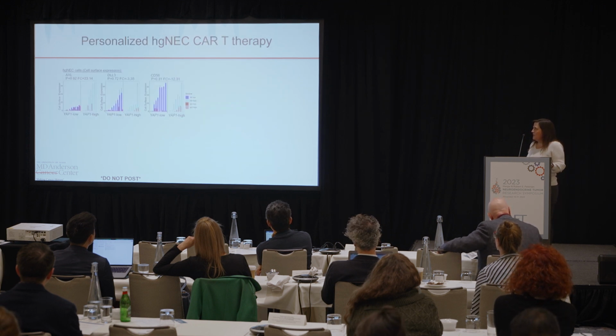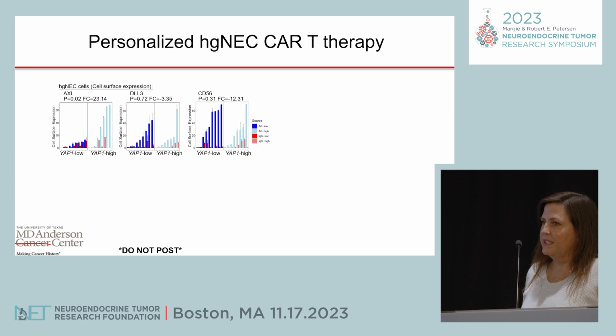So to take this farther, these are high-grade neuroendocrine cancer cells that are defined as being either YAP low or YAP high. And we can see differential expression of some of these surface targets, including AXL, DLL3, and CD56.